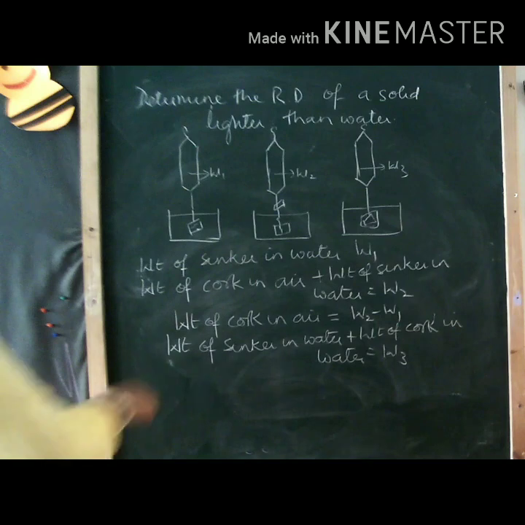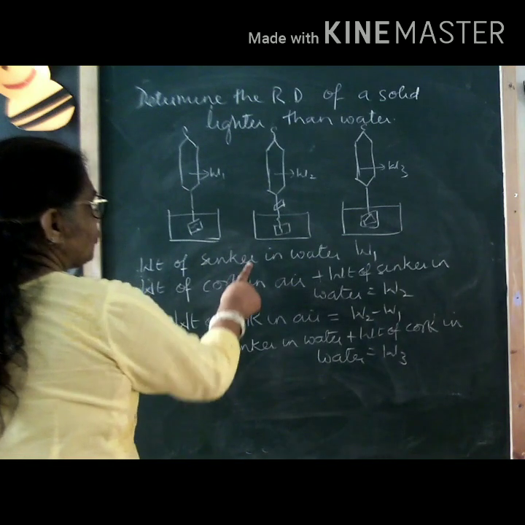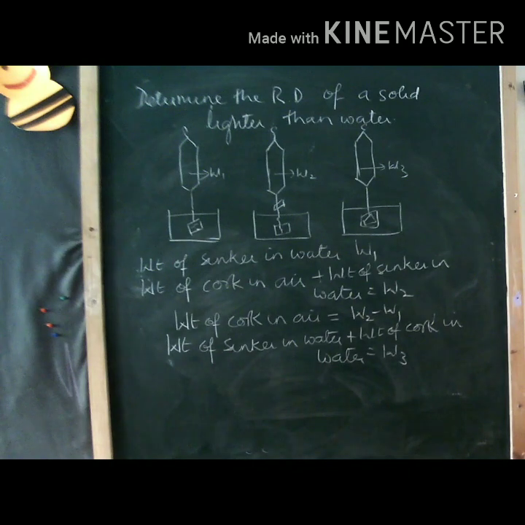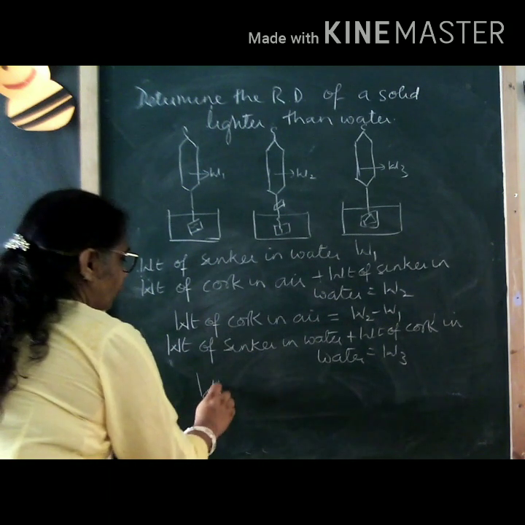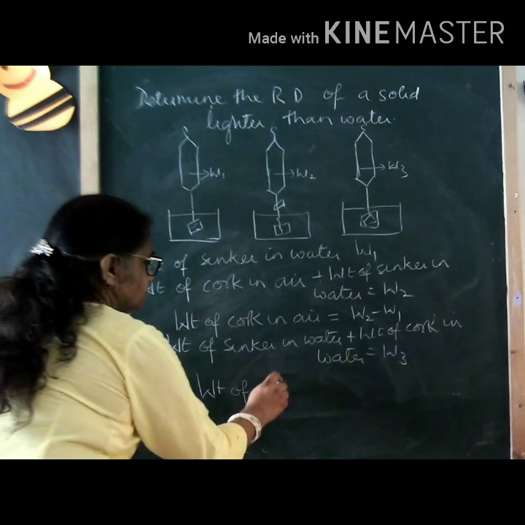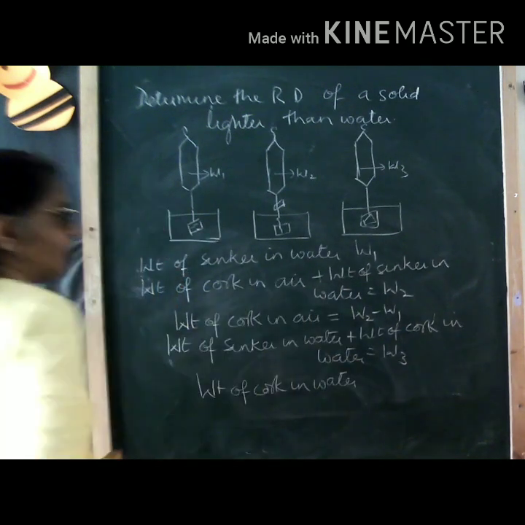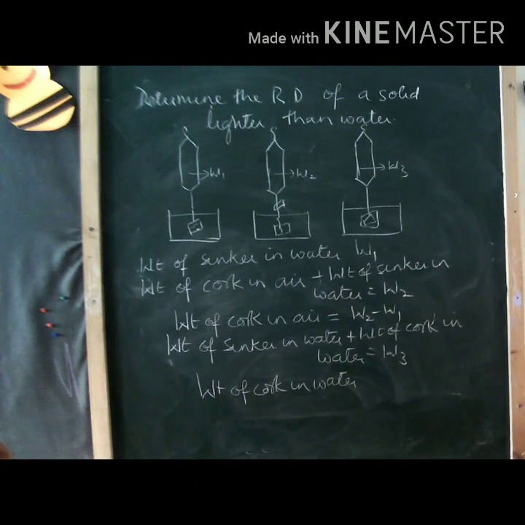Now see, to determine the relative density, I needed weight in air. So I got the weight in air from these two readings, which was W2 minus W1. But I also need the weight of cork in water. Now you tell me, how will you get the weight of cork in water?